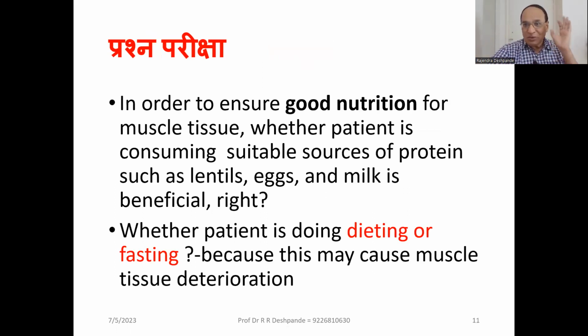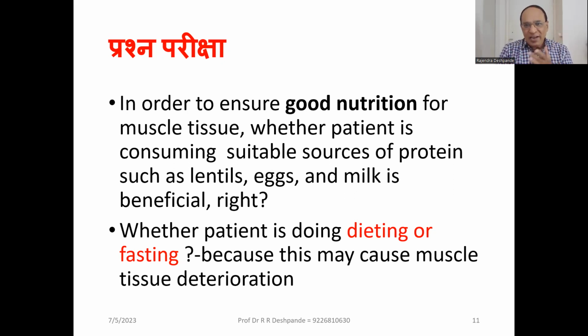Now, last is Prashna Pariksha. In order to get good nutrition of muscle tissue, Mamsa Dhatu, you can ask whether the patient is consuming suitable sources of protein, because protein is necessary for Mamsa Dhatu Vriddhi, normal Mamsa Dhatu growth and nourishment.